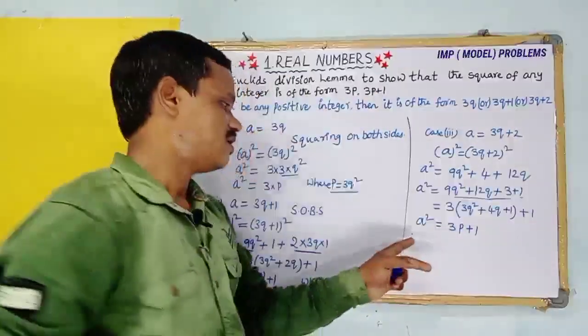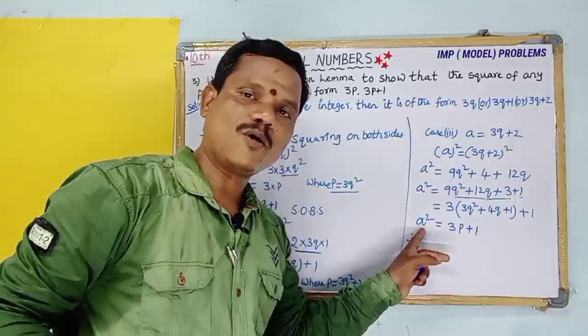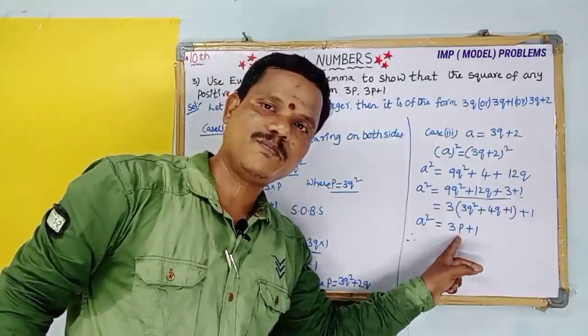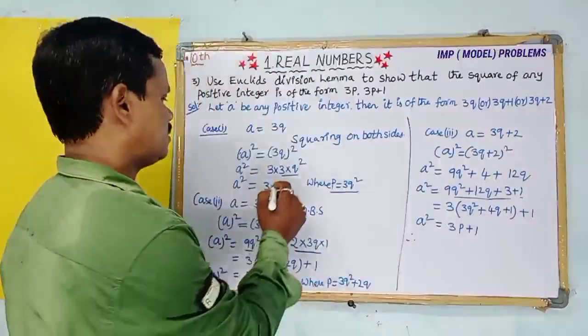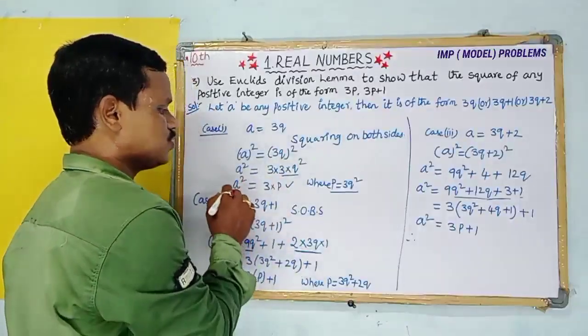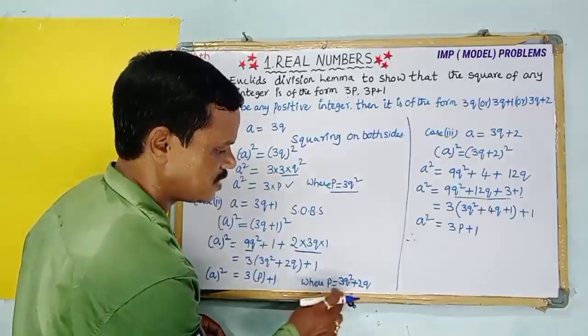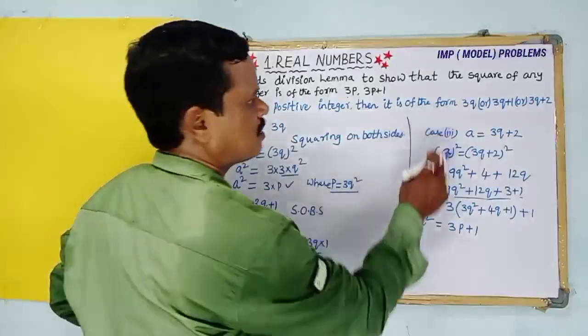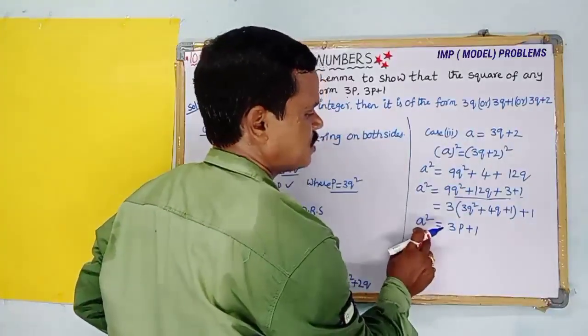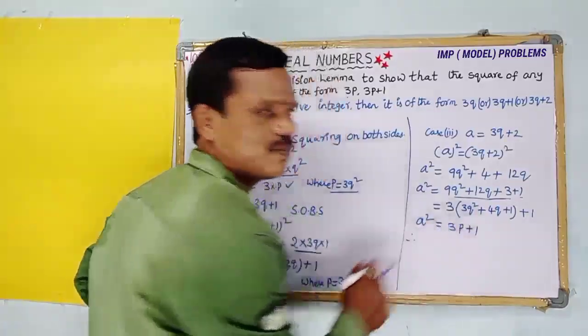Therefore square of positive integer is in the form of 3p plus 1. So here in the first case square of positive integer is in the form of 3p. In the second case square of positive integer is in the form of 3p plus 1. Third case, square of any positive integer is in the form of 3p plus 1.